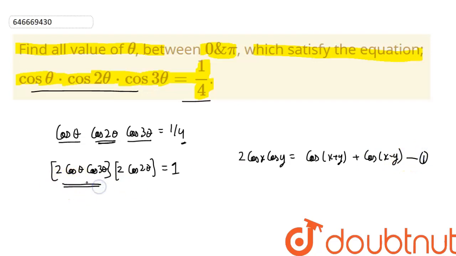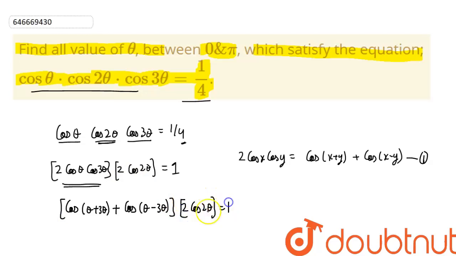By using equation 1, 2 cos theta cos 3 theta would be cos of x plus y, where x plus y is theta plus 3 theta, plus cos of x minus y, where x minus y is theta minus 3 theta. And this is all multiplied with 2 cos 2 theta, and that would be equal to 1.